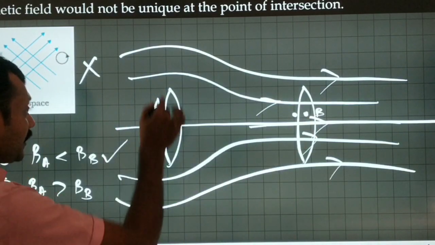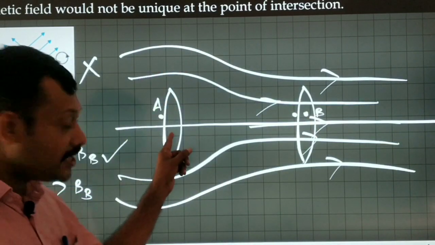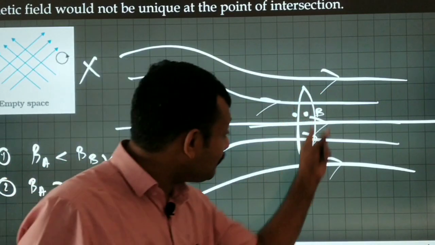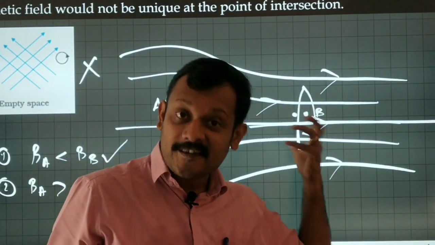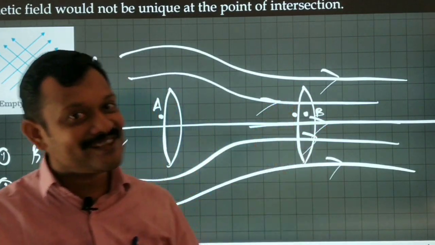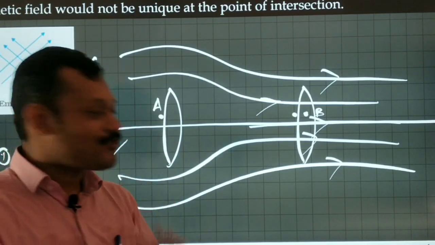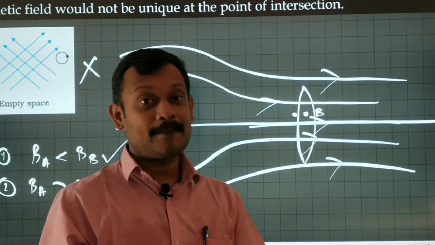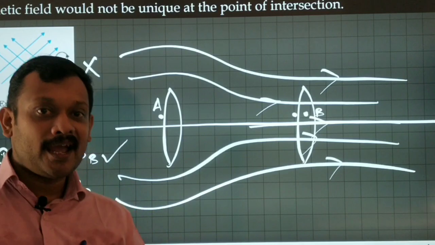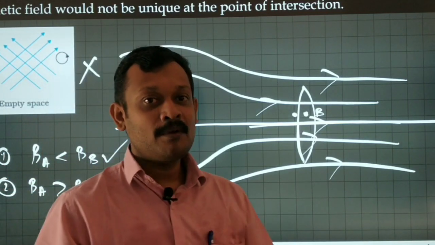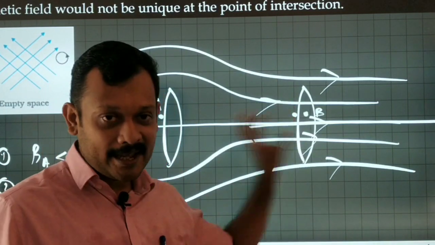You can see that here the relative number of field lines intercepted is 1, and here the relative number of field lines intercepted by the same cross section is 3. This means the strength of the field at a particular point is determined by the relative number of magnetic field lines intercepted by an area.